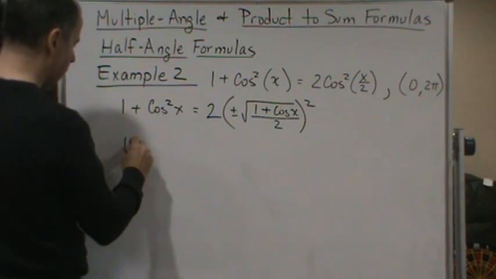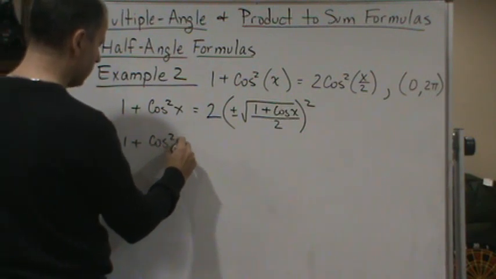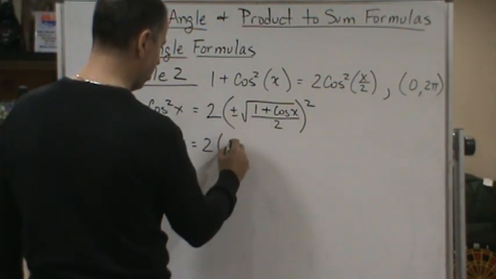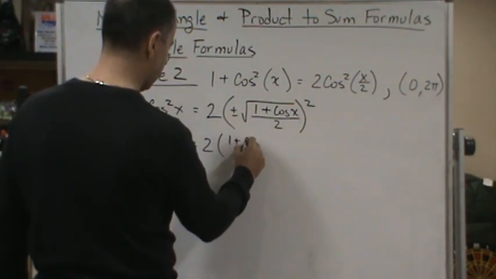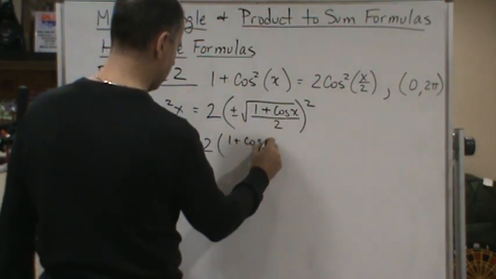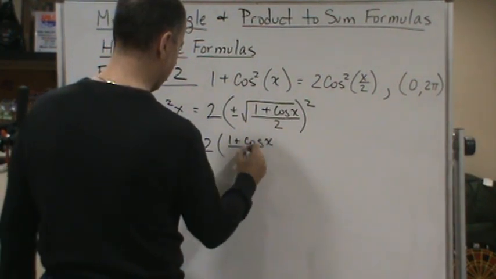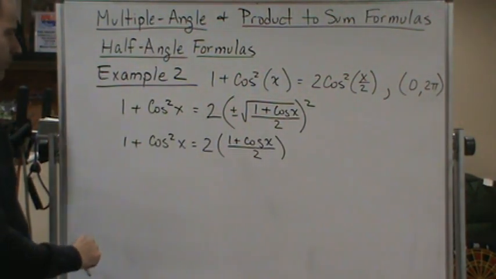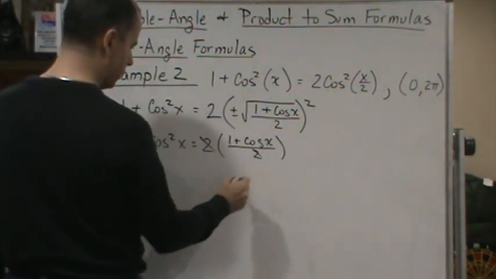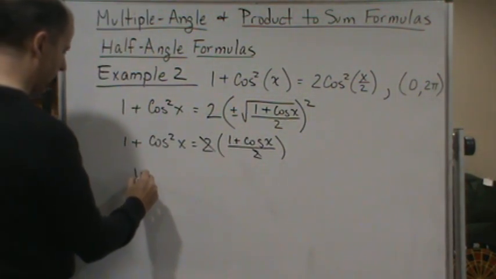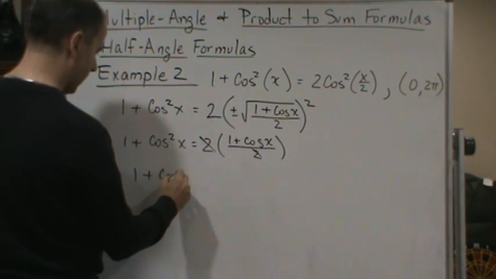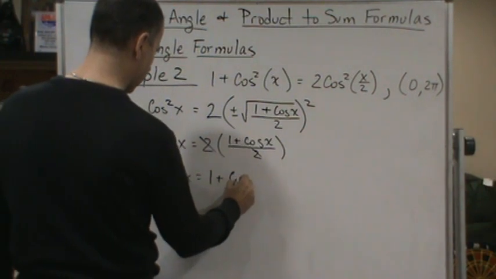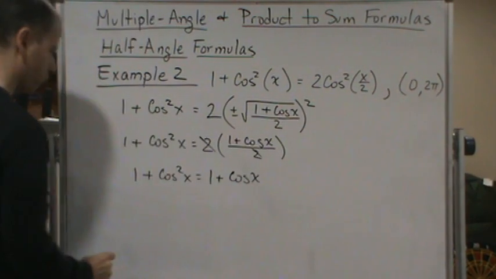So it's going to be 1 plus cosine squared x equals 2 times 1 plus cosine x over 2. And then of course those are going to cancel, so this is going to become 1 plus cosine squared x equals 1 plus cosine x.